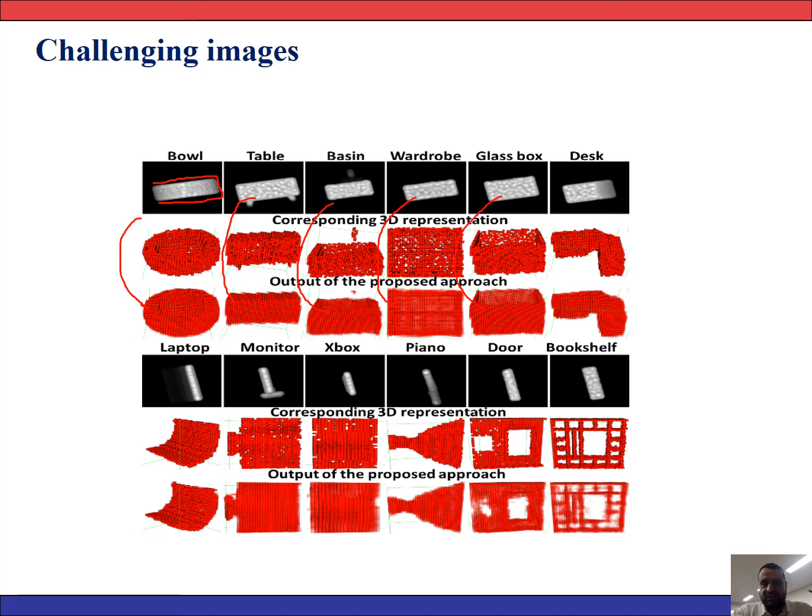So the generated output is very realistic. Similarly from here this one is generated, this one and this one. The middle row is the ground truth, which we use for testing. We provided the ground truth to see whether it can generate realistic output or not.